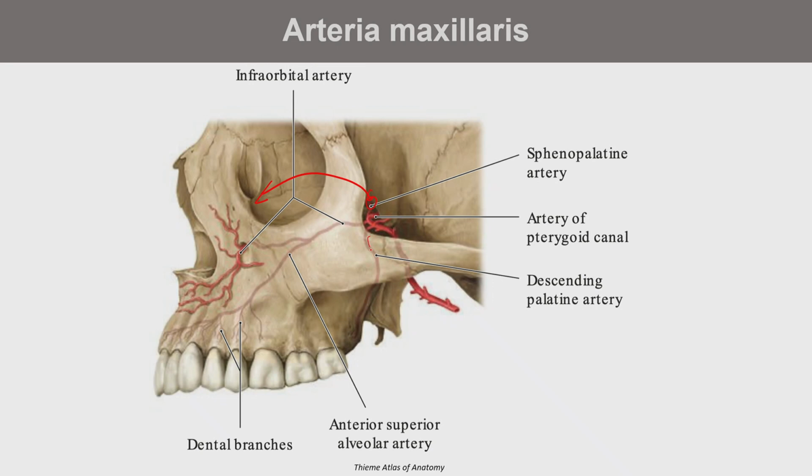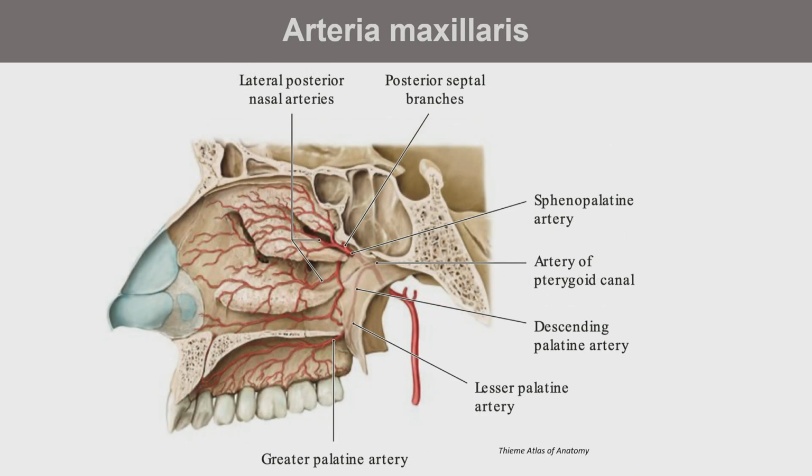Here you can see projection of a descending palatine artery, infraorbital artery. And here we have the supply of the lateral part of the nasal cavity. The lateral part of the nasal cavity is completely supplied by the sphenopalatine artery, dividing into the three conchas and also the inferior meatus nasi.